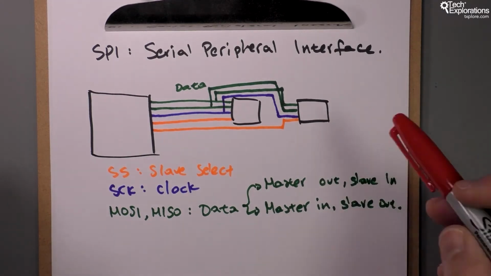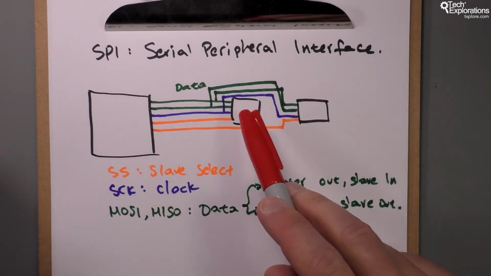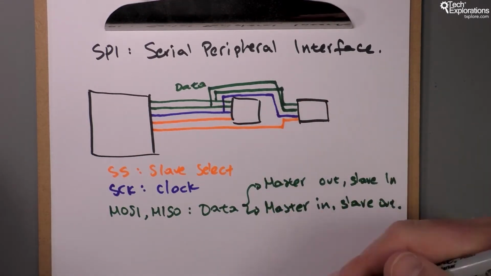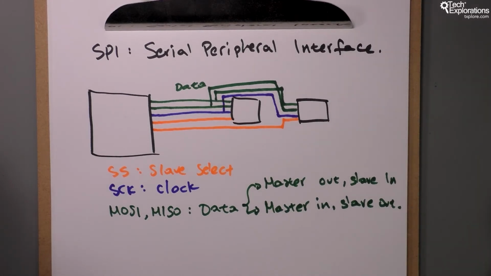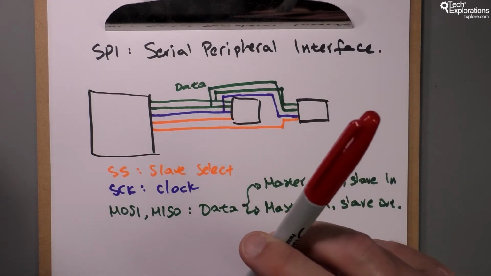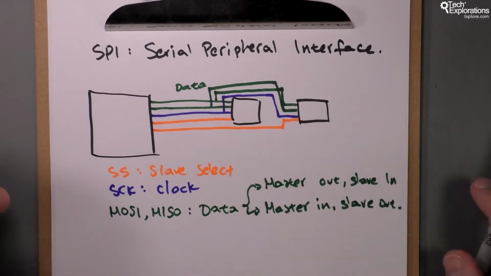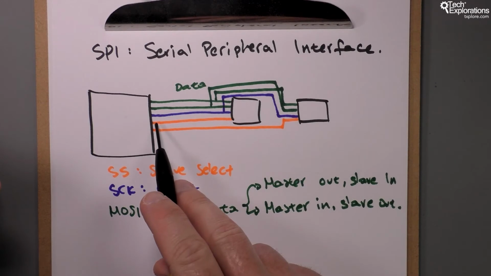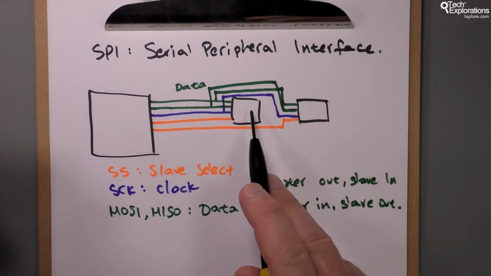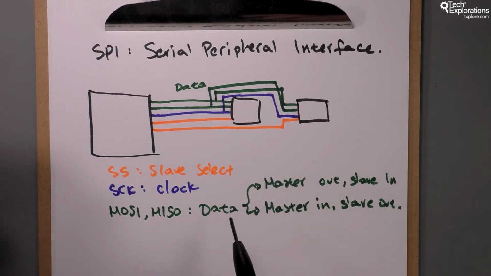So the idea here is that your Arduino will be able to talk to an SPI device one at a time. Although you can have multiple such devices, only one of those devices can be communicating with the Arduino at one time. So you use the orange lines here to turn on or off one of the SPI slaves.